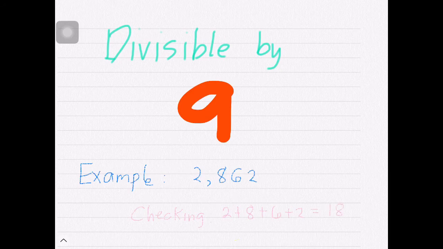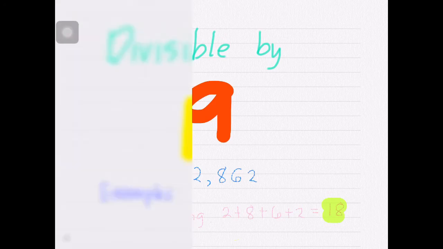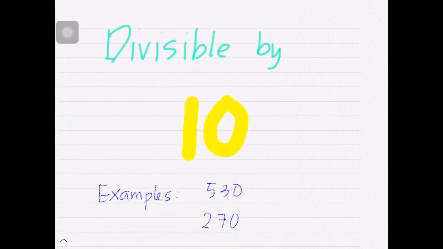Notice that the sum of its digits is 18. 18 is divisible by 9, making the entire 2,862 divisible by 9. And yes, a number is divisible by 10 if its last digit is 0.